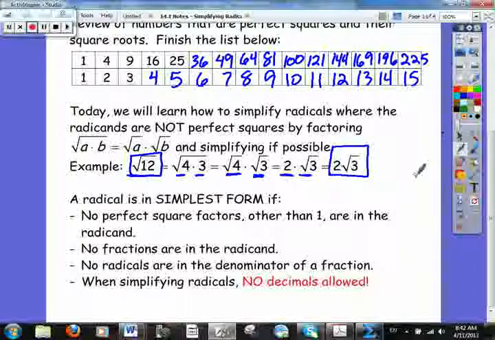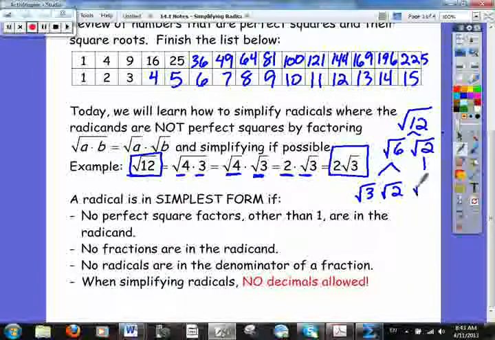So I'm trying to find a factor that is a perfect square. Now there were other factors of 12, okay? Some of you may have said, hey, square root of 6 and the square root of 2. And those are correct, but are either one of those a perfect square? No. Well, let's take it one step further. The square root of 6 is the square root of 3 and the square root of 2. Bring that down. Now, what do you notice here?